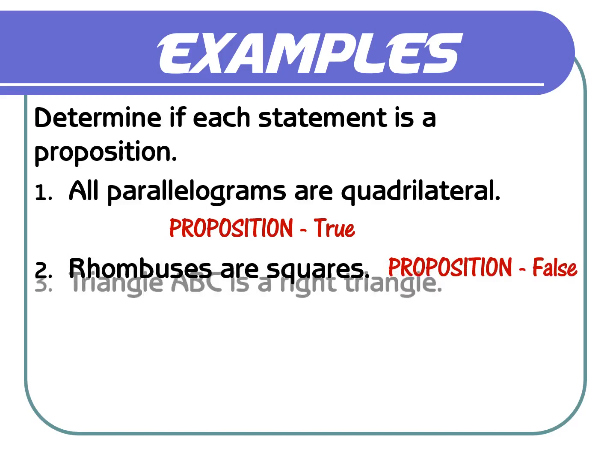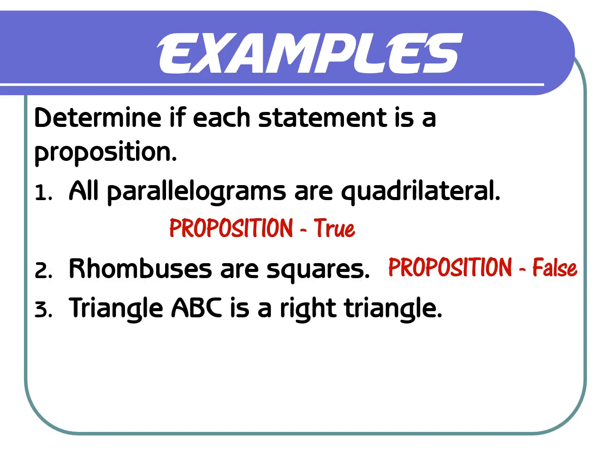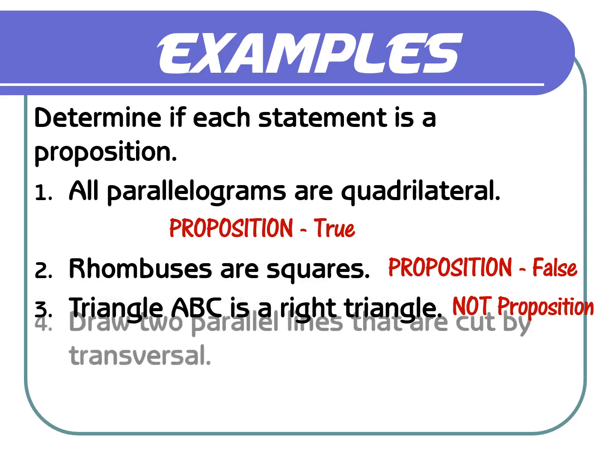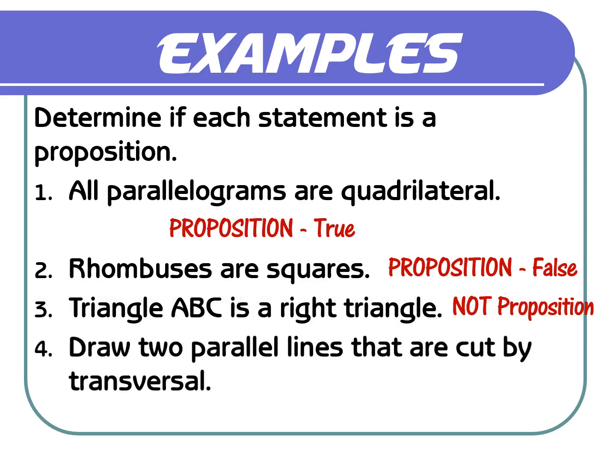Okay, for number 3, triangle ABC is a right triangle. This one we cannot determine the truth value, whether it is true or false, since there is no illustration. Therefore, this is not a proposition. And for number 4, draw two parallel lines that are cut by a transversal.